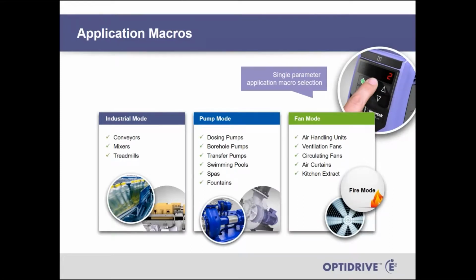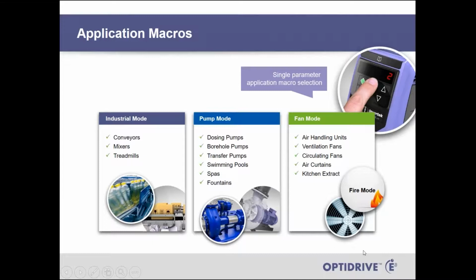It has a macro with which you can convert this drive. It's very flexible. You can convert it from an industrial mode, which is 150% overload, as I told you before, to a pump mode or a fan mode. These have pre-configured characteristics. For example, the fan mode has a spin start, so it will detect if the fan is already spinning because of existing air flow.